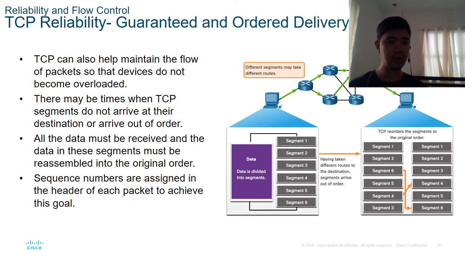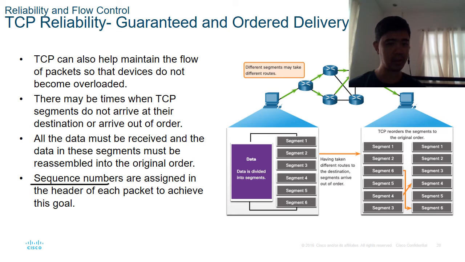And then for the reliability and guaranteed ordered delivery part, TCP data is divided into segments. To define the order of the segments, we have the sequence number. Just take note of that term, sequence number.